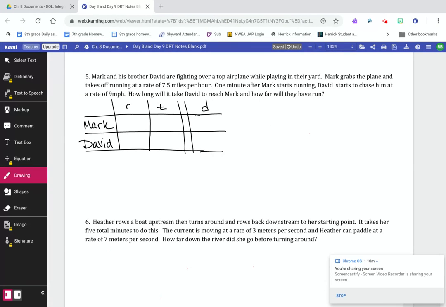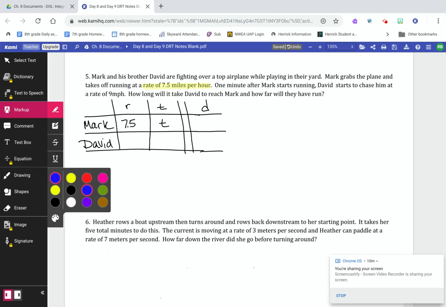So for Mark, Mark runs at a rate of 7.5 miles per hour. So we can mark that in, 7.5 miles per hour. And he'll run for however many hours we say.